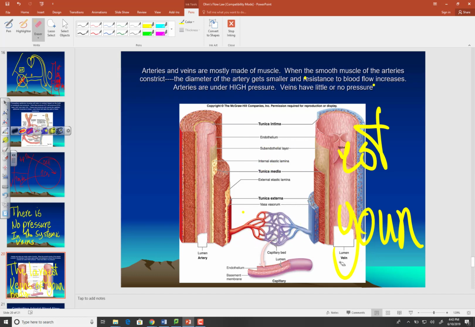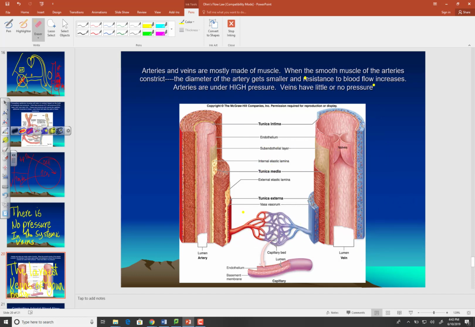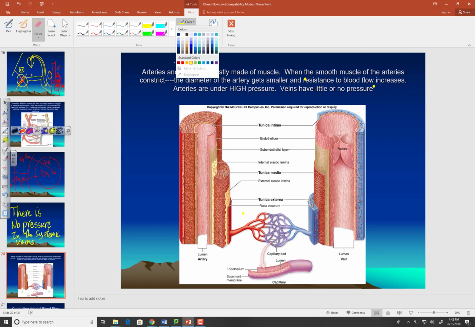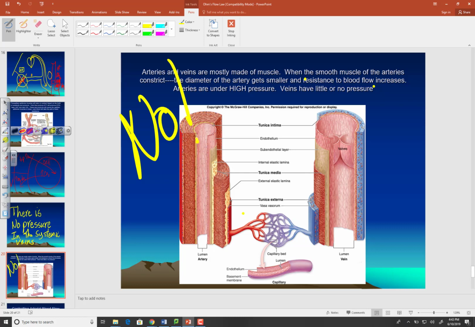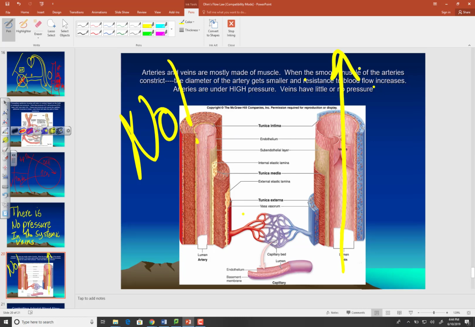Is there any pressure in the systemic veins? I'll help you out. No. So, if there's no pressure in the systemic veins, then how does that venous blood get back to the right side of the heart?